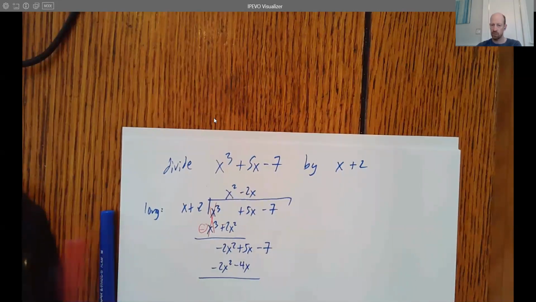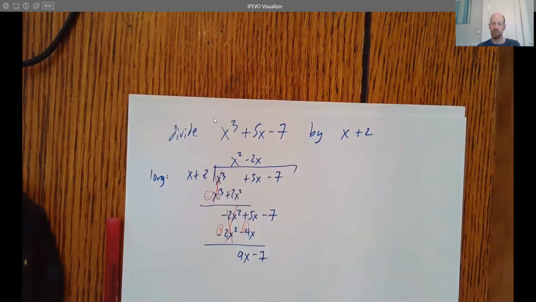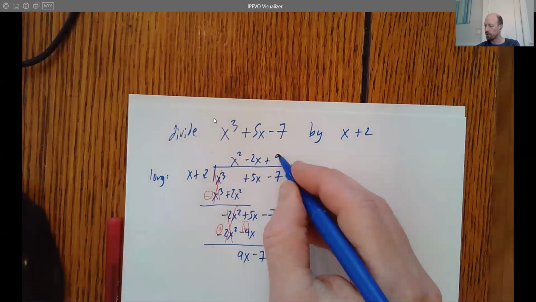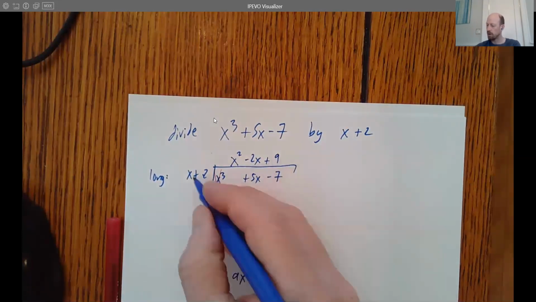Just like before, I subtract, so that means changing the signs. That's going to cancel. 5x plus 4x is 9x. What times x gives me 9x? Well, that's 9. 9 times 2 is 18.